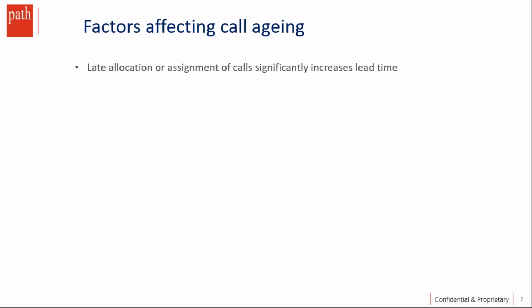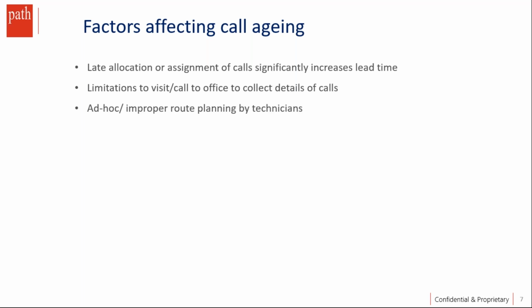So when you are doing late allocation, that's very obvious that you'll be landing up at a higher TAT. Then you have a limitation to visit or call the office to collect details of calls. Your technicians still rely on calling the service centers or supervisors to take the details of the call. Once they have it, then they can only start servicing the customer. This is one of the limitations which is very dominant in the paper-based approach.